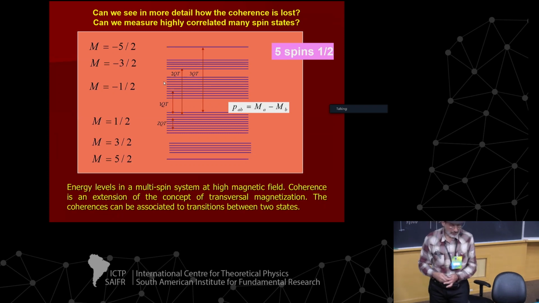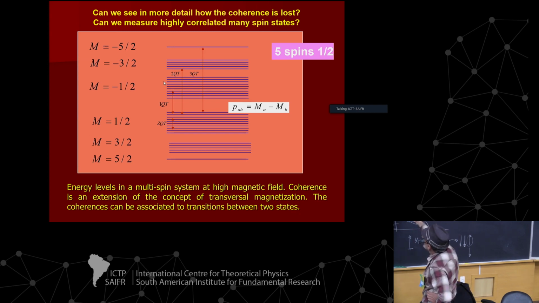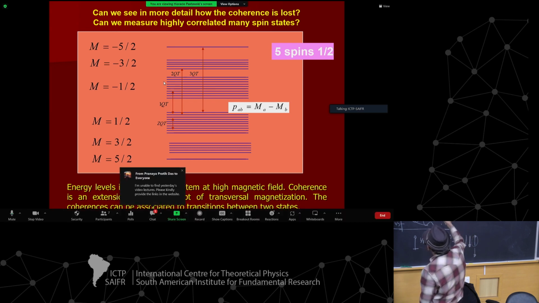That's where I was. So essentially, there are different subspaces of the Hilbert space according to the total spin projection. Here it is a spin projection of minus 1/2. This means that in a system with 5 spins, there are 5 minus 1/2 and 2 1/2. That's essentially the Hilbert space.